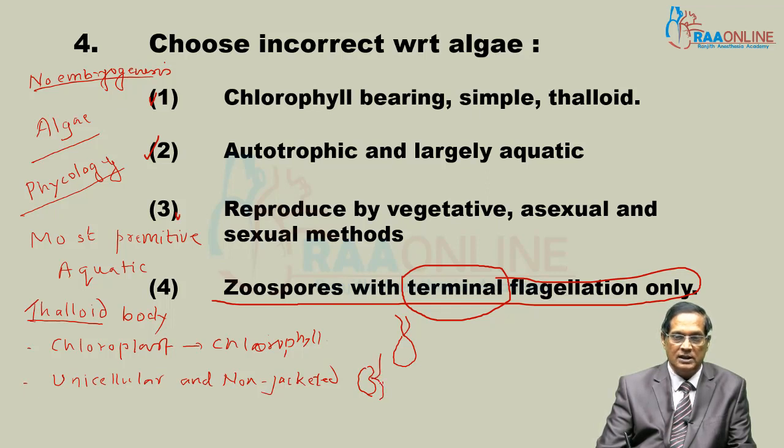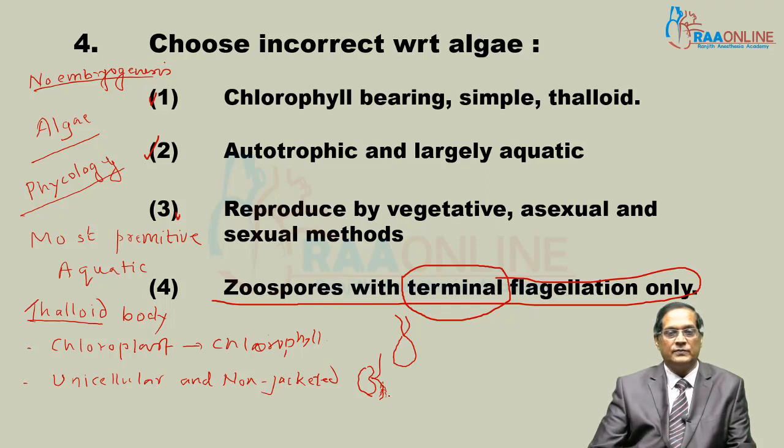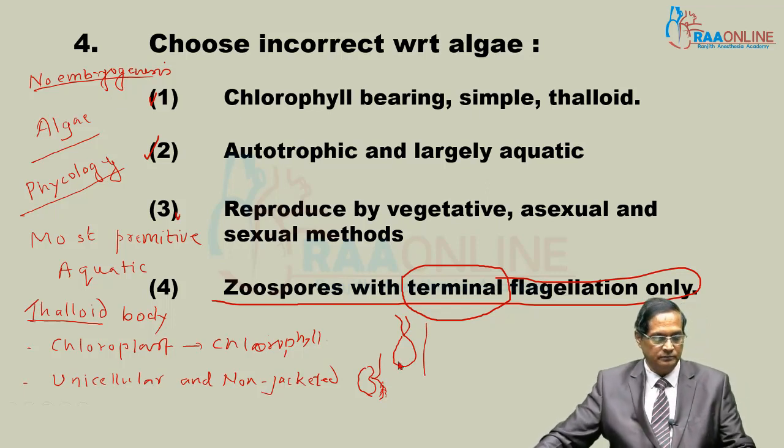So that's why the fourth one is wrong. And in red algae, no motile stage is seen. That is, they don't have any motile structure in their life history. That is applicable for red algae only.